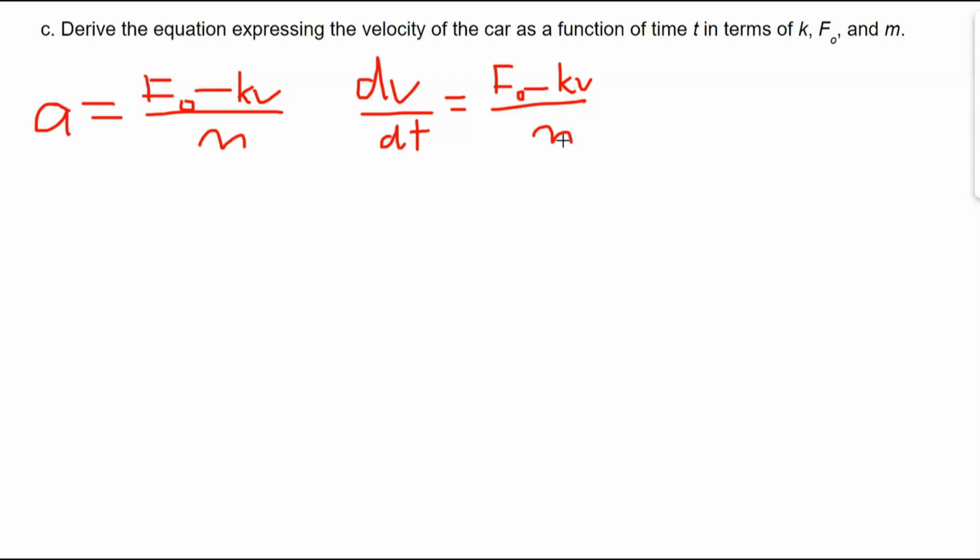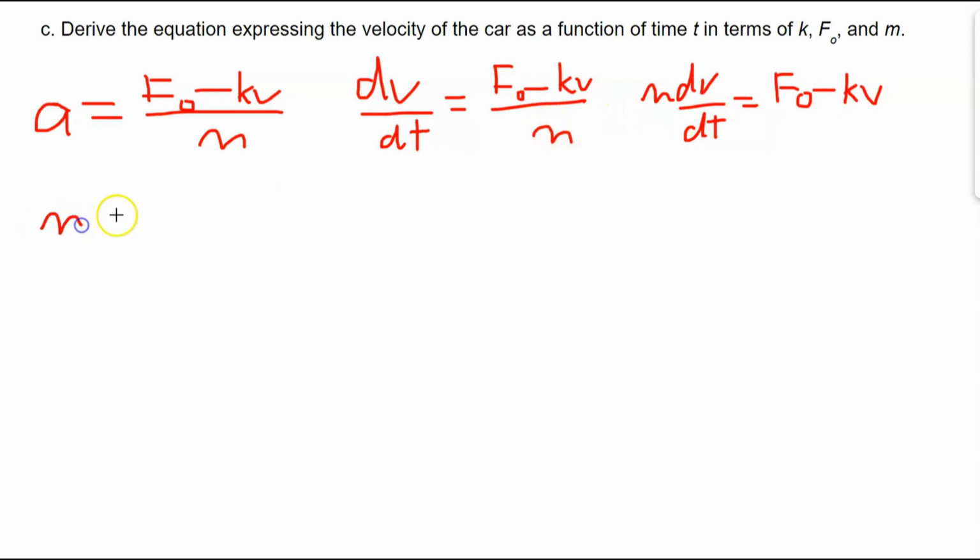So let's first deal with that m. If you multiply by m on both sides, you'll get m dv over dt equals F sub naught minus kv. Now I want to multiply dt by both sides.